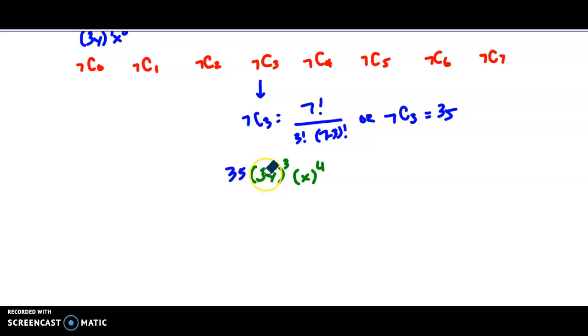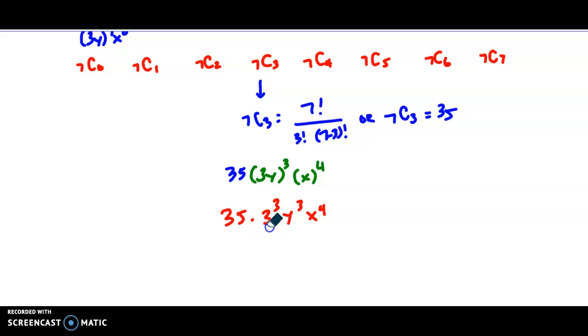We have 35. We know this is going to be 3 to the third power. I'm just going to show all the work. This is 35 times 3 to the third and y to the third, and this is going to be x to the fourth. And so we just need to work out 3 to the third times 35.